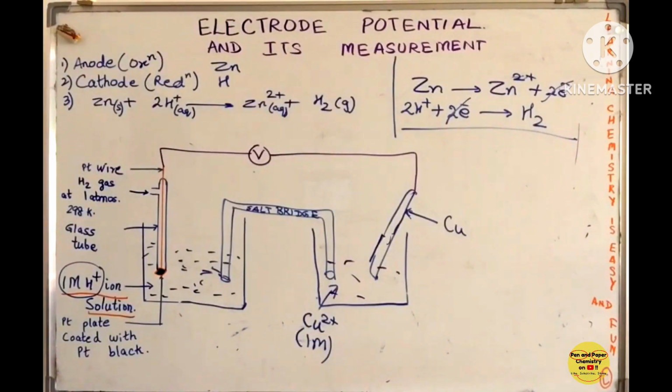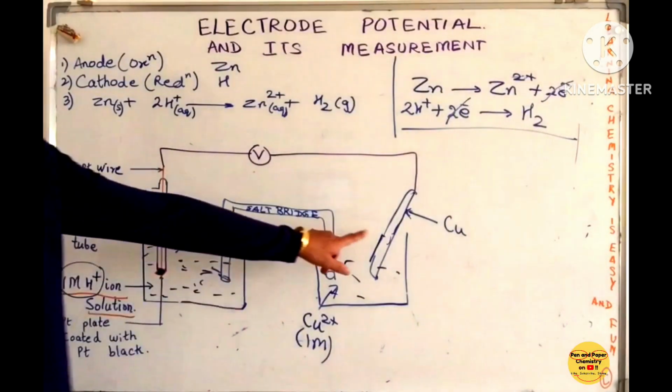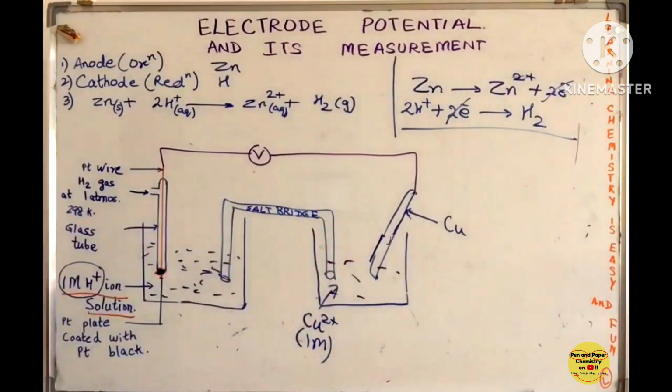Now, here I notice something totally opposite. That means I notice that the current is flowing in the opposite direction. Okay, I've given you a hint: direction opposite to when I had connected zinc over here.